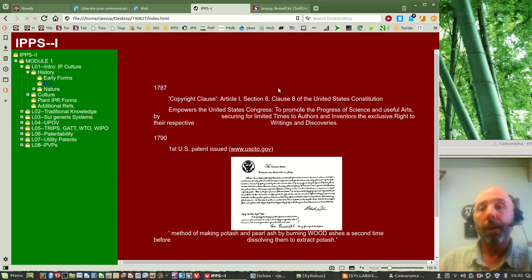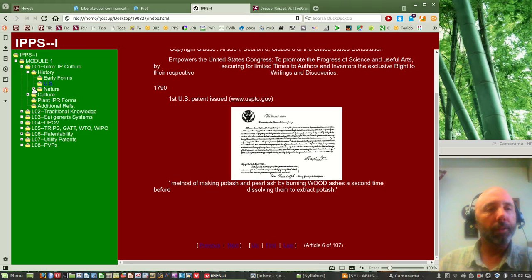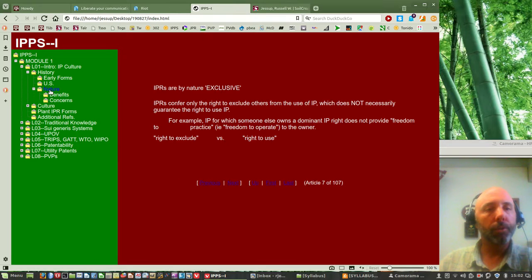Within that, we had a copyright clause. And the very first patents were actually issued in very short term. It's somewhat interesting to me that the first patents, if you blow up and look at it, it deals with potash or ash. It can be used as both a fertilizer or an ingredient in gunpowder, right? If you're familiar with that.